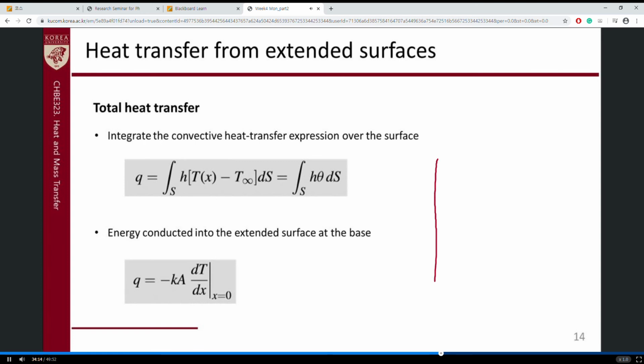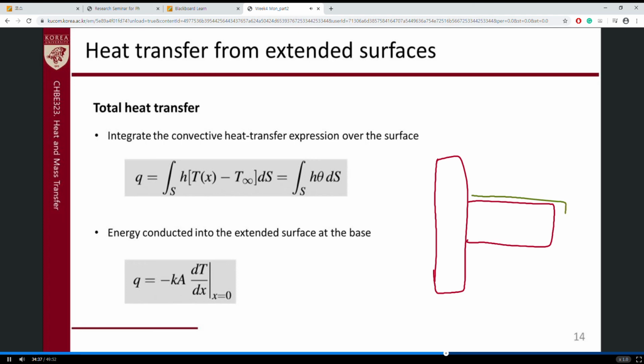There is a surface and there is a fin like this, right? Then the total heat transfer can be considered as two parts. The first thing is the integral of convection heat transfer over the surface. How can you draw this? Like this.